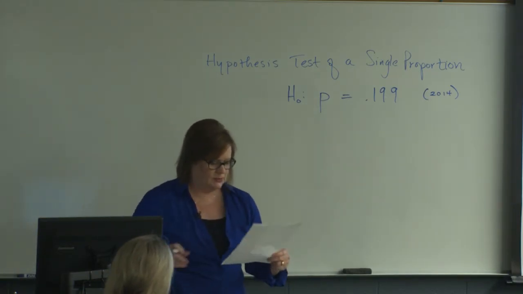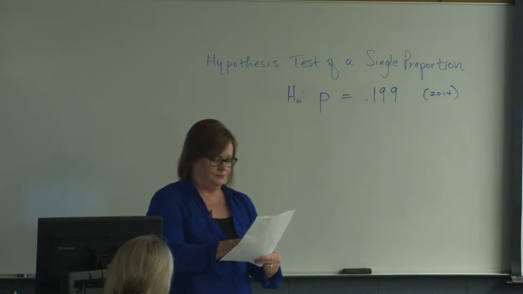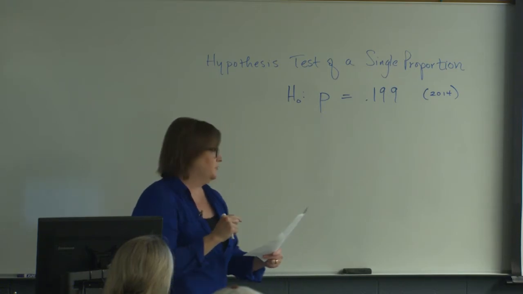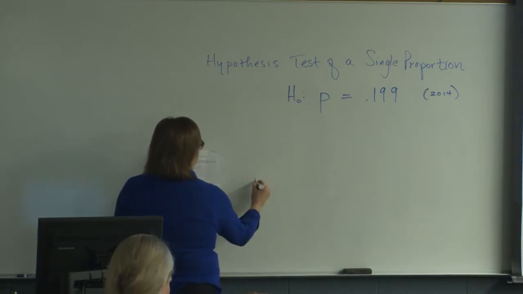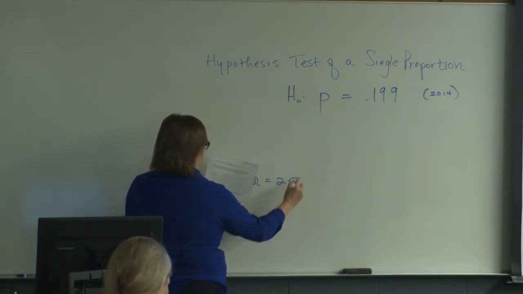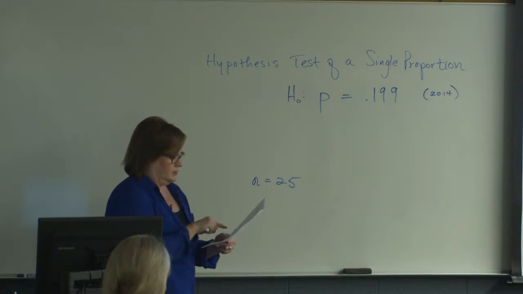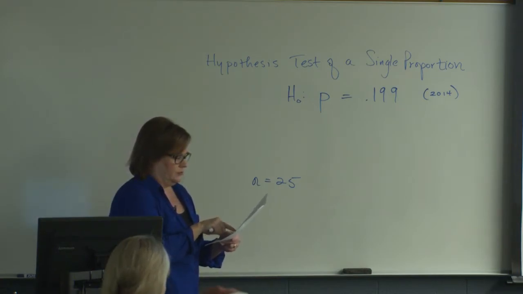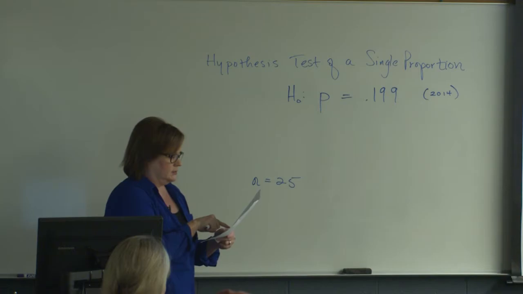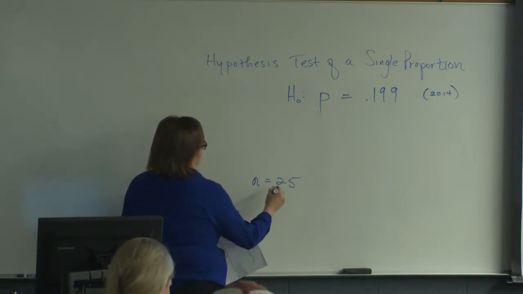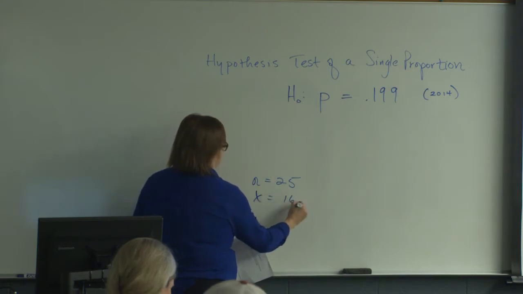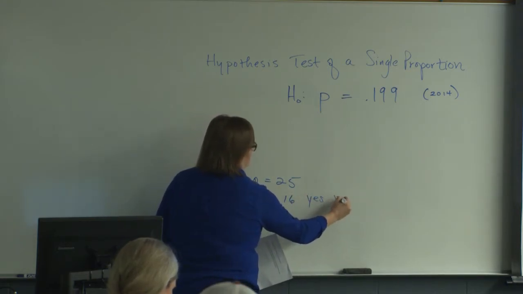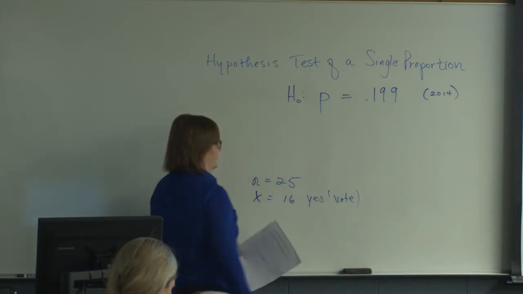And then let me just count these up real quick. So we had 25 people fill out the survey. And there are 1, 2, 3, 4, 5, 6, 7, 8, 9, 10, 11, 12, 13, 14, 15, 16 yeses. Yes, you're either voting today or you already did.